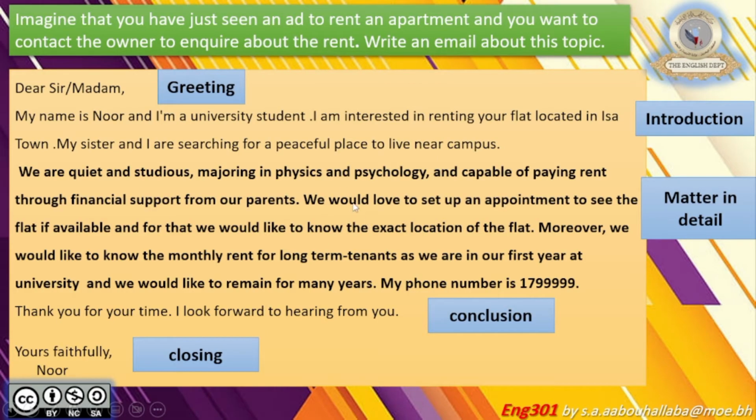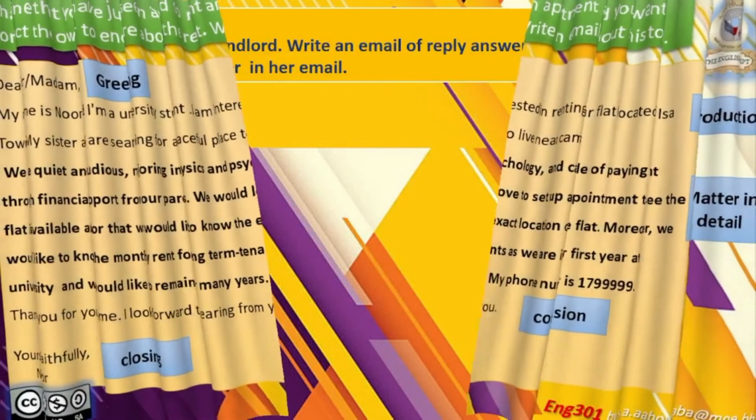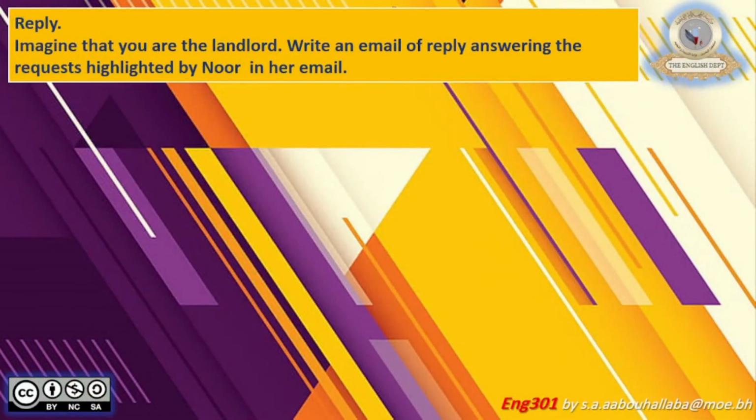Well, we would love to set up an appointment and so on. As you can see, you go through it like that according to what I already said in the previous slide. Again, if you need to read it in details, you can pause here and read it completely. Well, what about a reply? This is the email. How would the landlord or the owner reply for that?